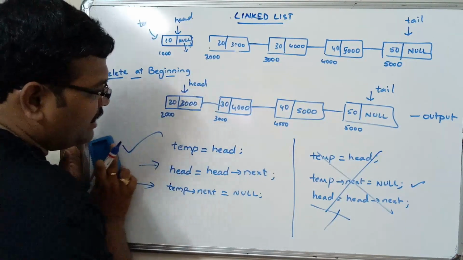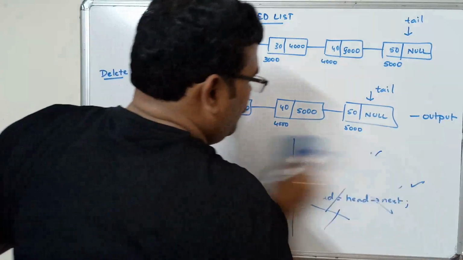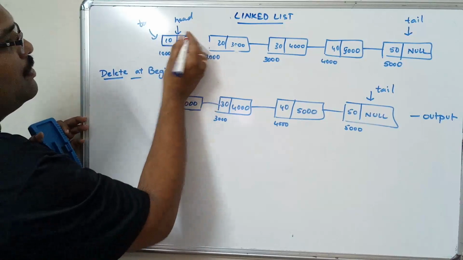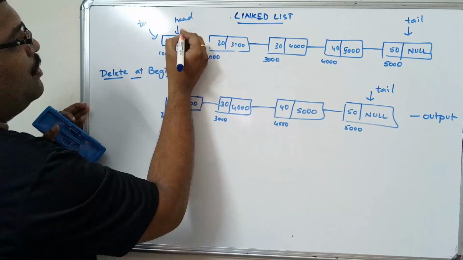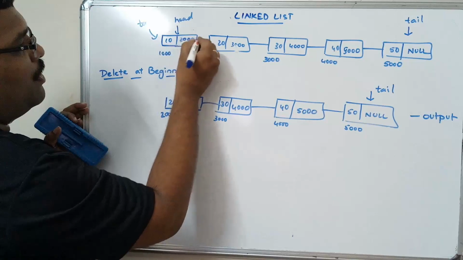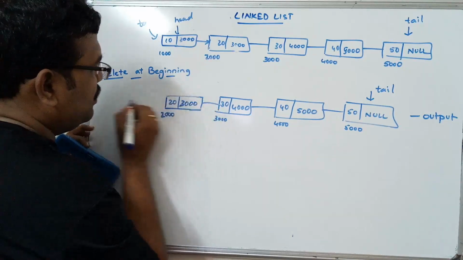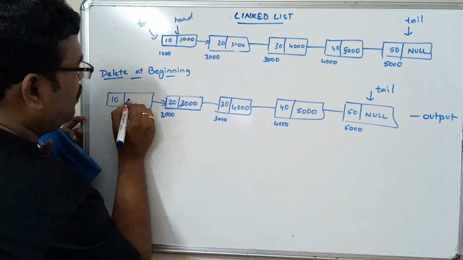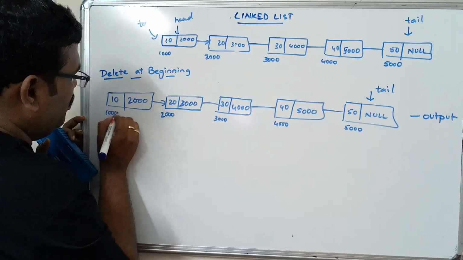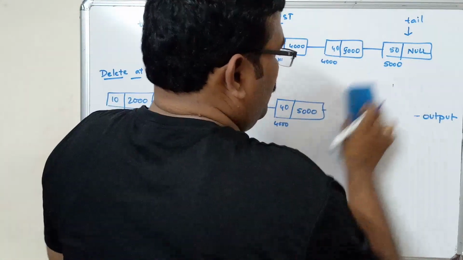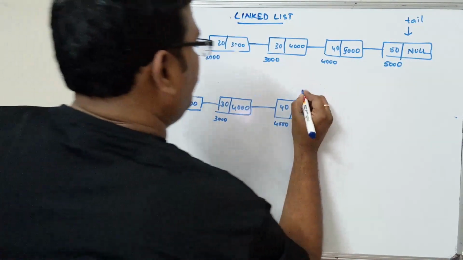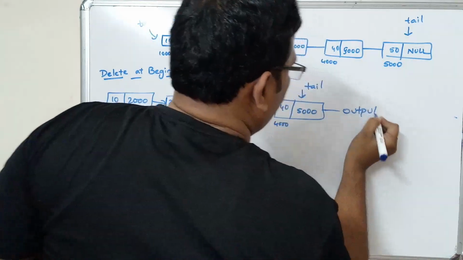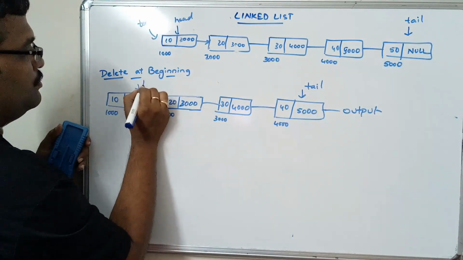Next we will see the second thing. Here it is a tail and this is the out. This is the head.